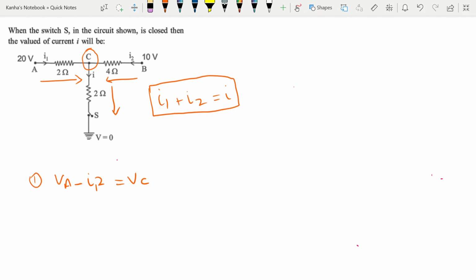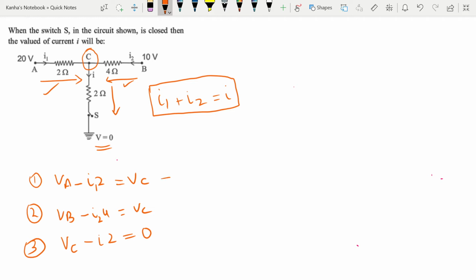So for the first loop that I have shown here, it's given by this. For the second one that I have shown here, you have VB minus I2 into 4 is equal to VC. And similarly for the third one, I can easily write that VC minus I into 2 is equal to 0, because the final voltage is 0.